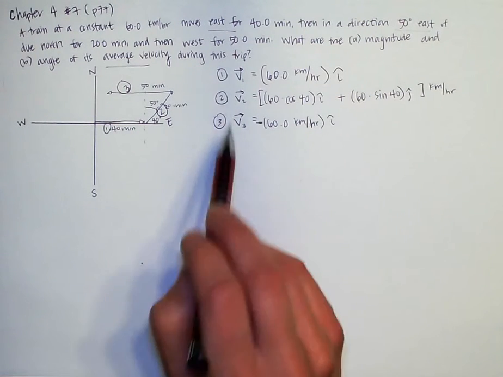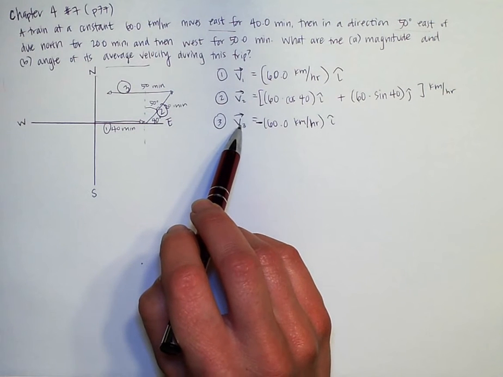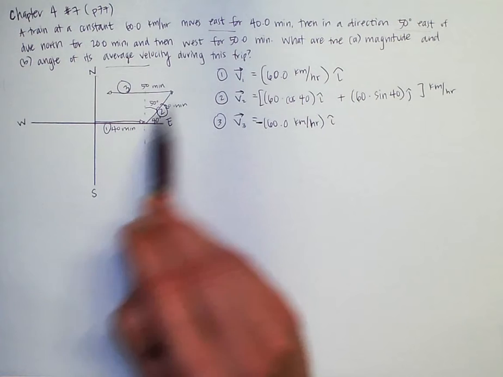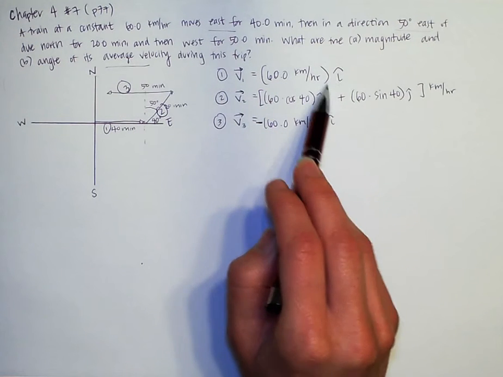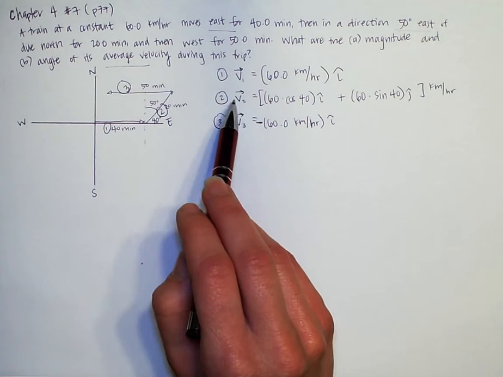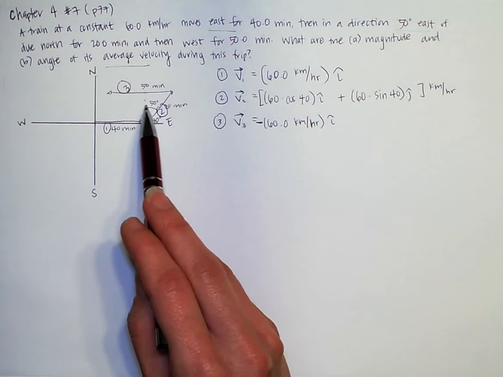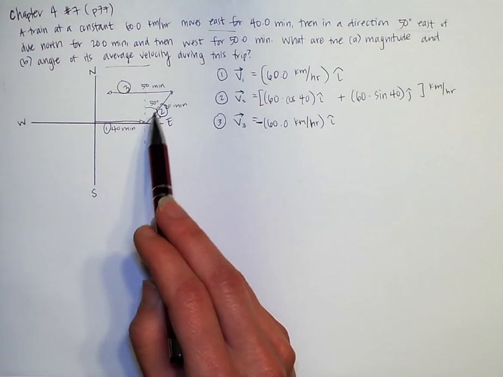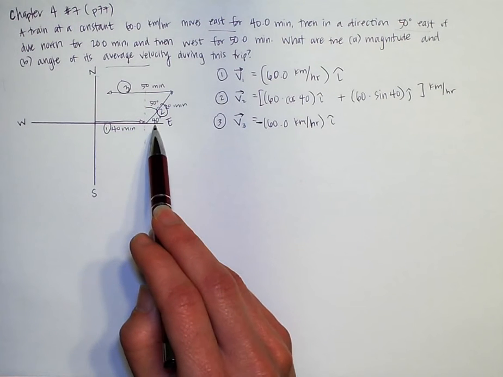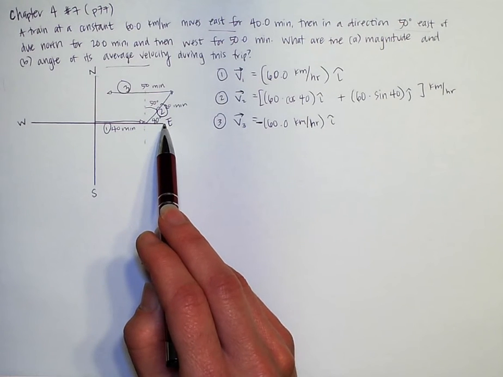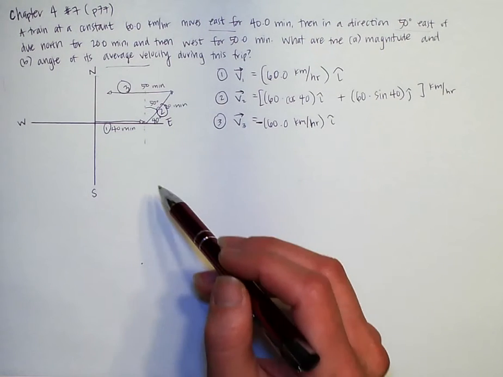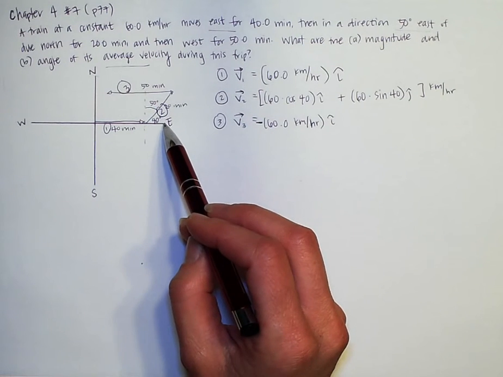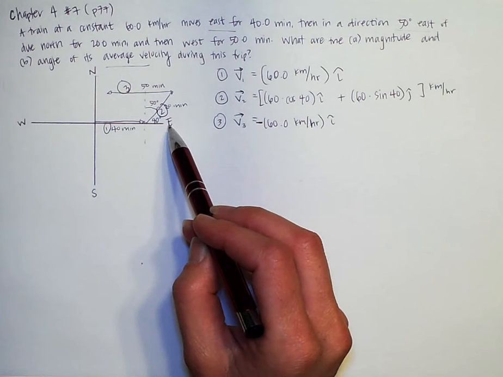So what I first did here is I wrote out what my velocities are for the different segments of my trip. For segment 1, it's 60 kilometers per hour i hat, because that's in our x direction. For segment 2, since we are given this angle east of due north, I sketched in 40 degrees right here, because it's typically easier with our familiarity with trig to work with angles from our x-axis.